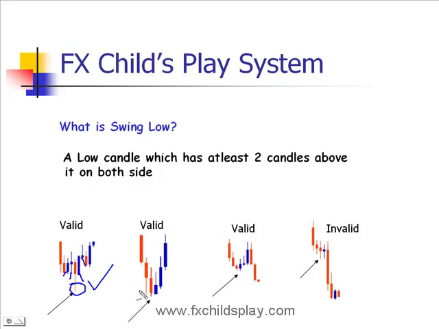Okay, now this price made a low here in this candle and has at least 2 candles which are above it, as you can see clearly. This also qualifies for a valid swing low point. Here is another very good example of a swing low.